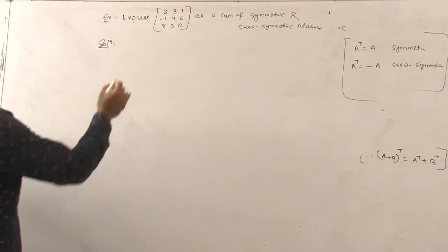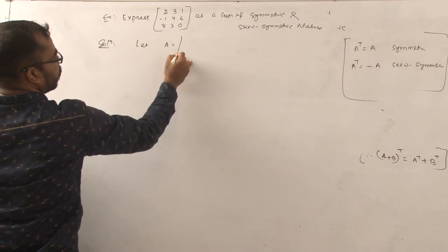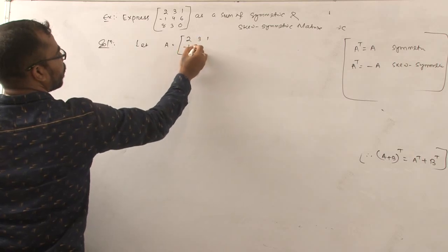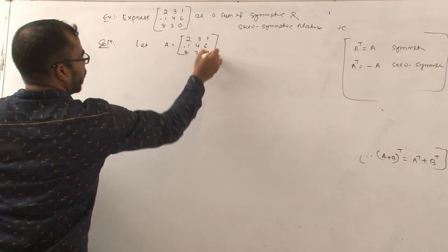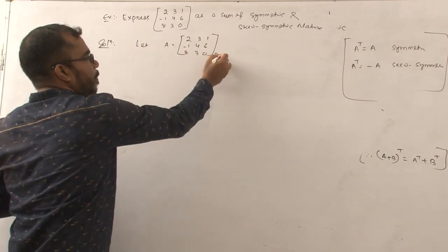First of all, take a matrix in a capital letter. So we take A is equal to 2, 3, 1, minus 1, 4, 6, 8, 3, 0. And it is a square matrix because its order is 3 into 3.